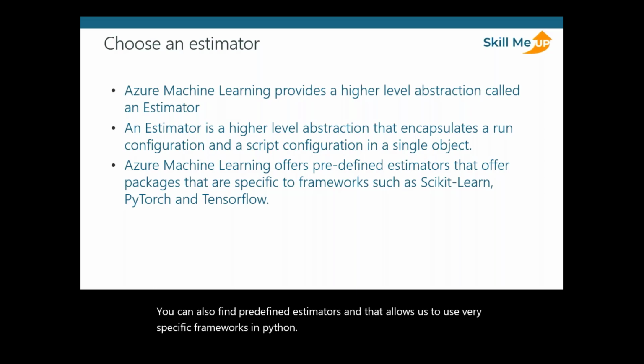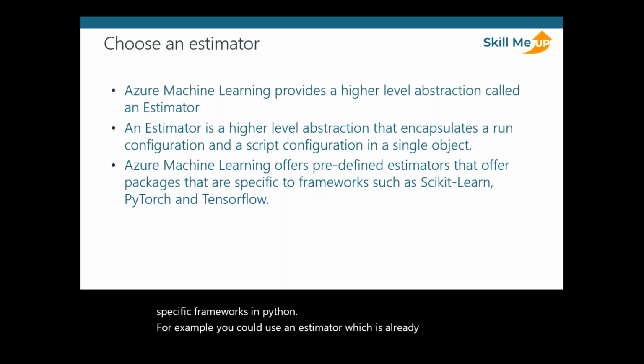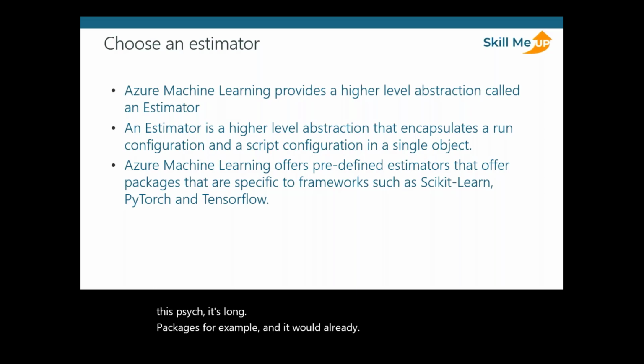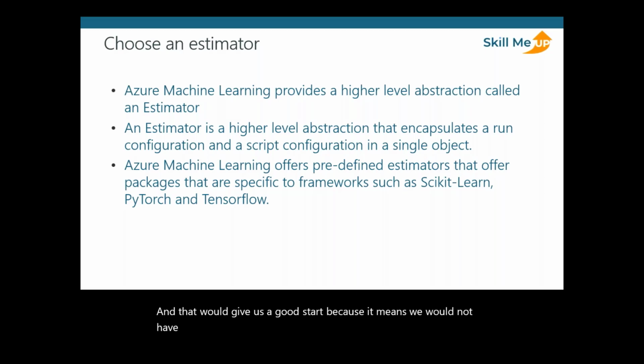For example, we could use an estimator which is already pre-built with the scikit-learn packages, and it would already have references to the libraries that we need, and that would give us a good start because it means we would not have to go and call them for ourselves. They would be available as part of the estimator.